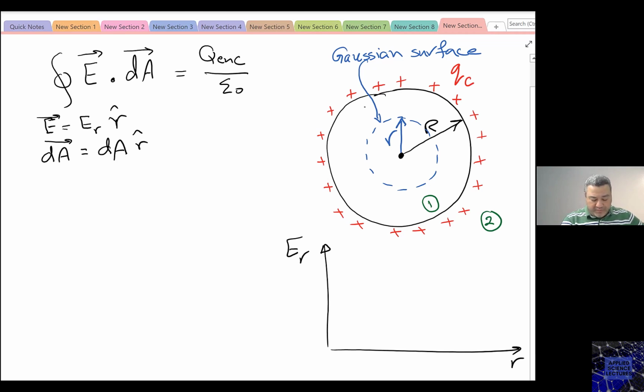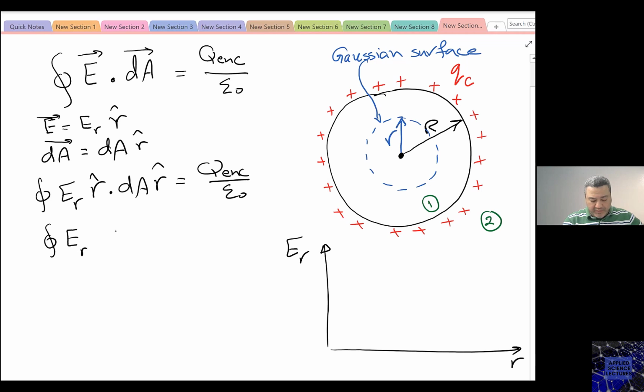Taking the dot product between the E vector and the dA vector gives E_r r hat dot dA r hat, in the same direction, equals Q enclosed divided by epsilon naught. Here r hat dot r hat gives a scalar, so it is E_r times dA equals Q enclosed divided by epsilon naught.